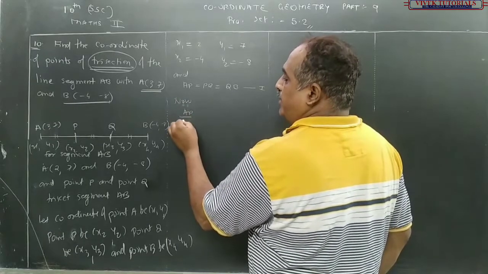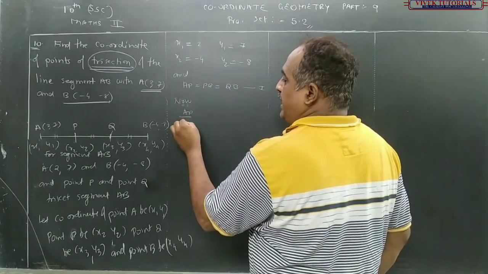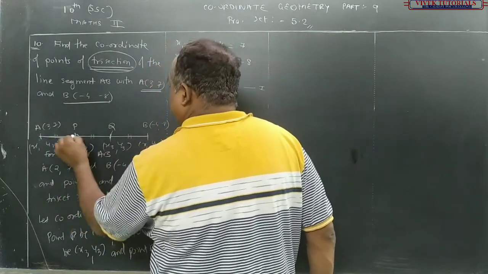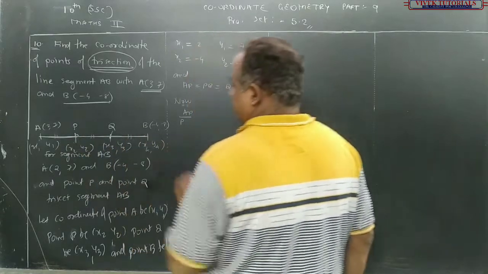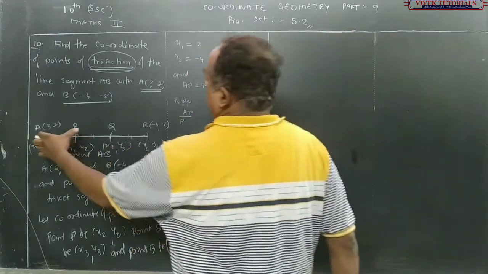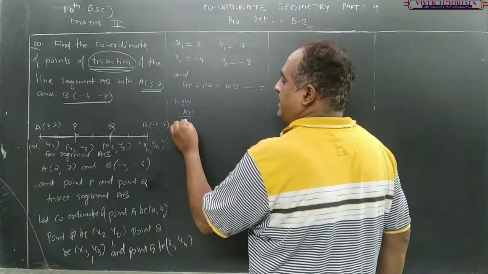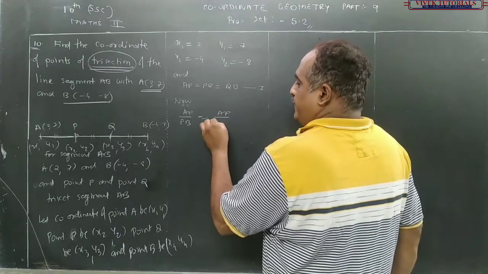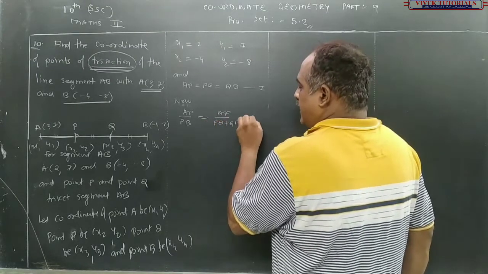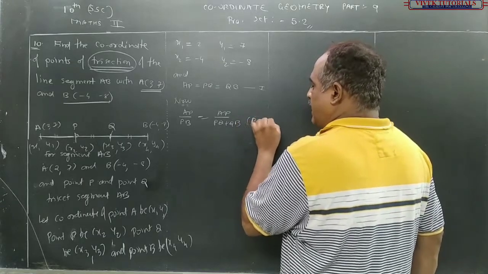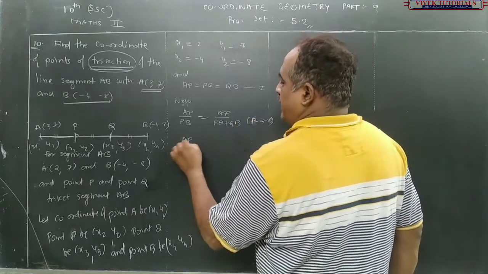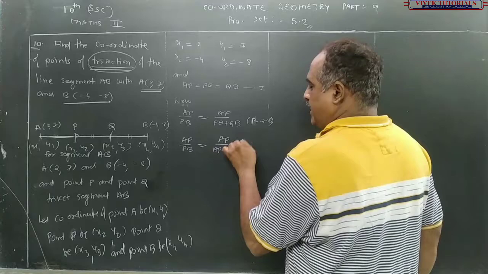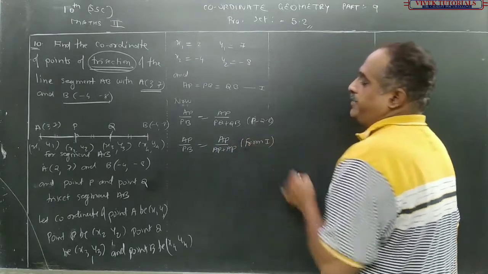Now AP upon PB. What I can say, this is one part, and if I am considering PB, that will be 2 parts. So we are going to find out the ratio of AP upon PB, which is AP upon PQ plus QB, as P, Q and B are collinear points. Therefore, AP upon PB is equal to AP upon AP plus AP, we can write from 1.